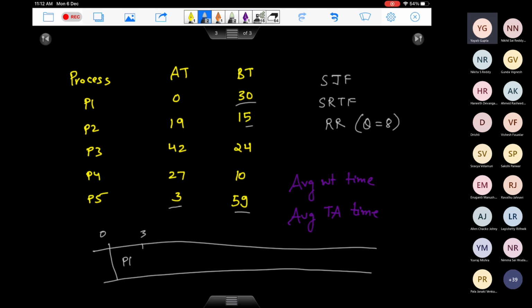So even at 19, P1 will keep executing. And again at time 27, P4 will come, but by that time, P1 will only have 3 units left. P4 still has 10. So even in that case, P1 will keep executing because the shortest remaining time remains lowest at all these timestamps. So it goes ahead and executes till 30.